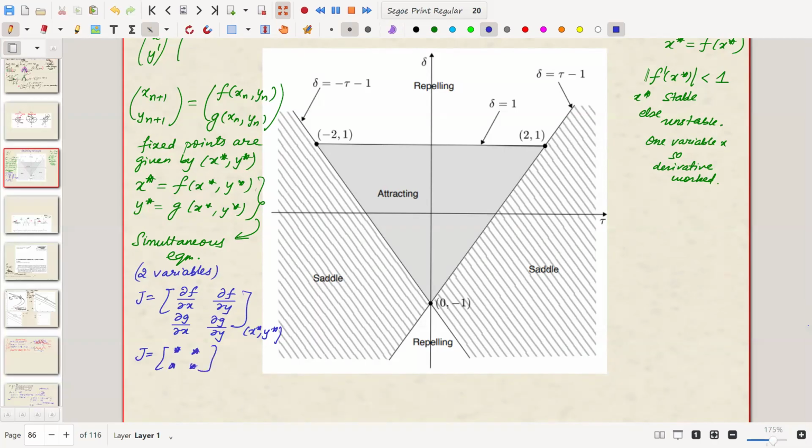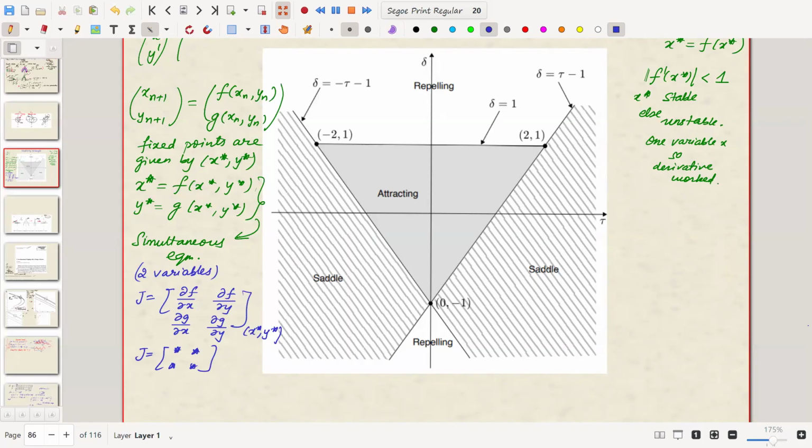Now, researchers came to know that the stability of the fixed points depends on this matrix. How can we understand this concept of stability? If you remember, I told you about eigenvalues. If a fixed point is stable, all eigenvalues should be less than 1 in modulus. From this matrix, can you find eigenvalues? Yes, you can.